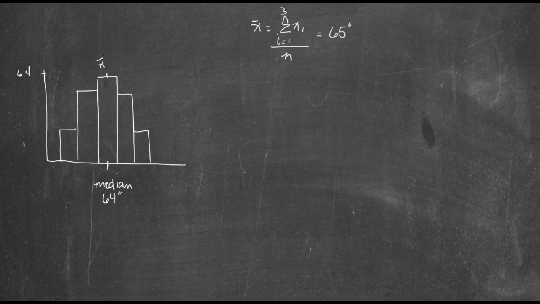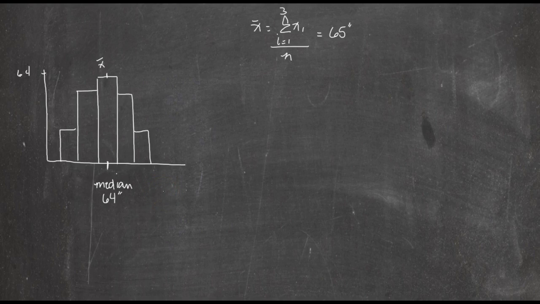are relatively the same. The number of individuals that are 64 inches and shorter fall on one side, and the number of individuals that are 64 inches and taller fall on the other side.